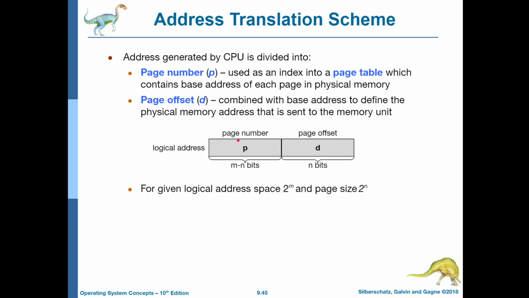So I can divide my logical address space into 1 million separate pages with their particular page offset, 4K, and then use a million different frames to keep my data within physical memory. So again, for a given logical space, we have the full logical address, 2 to the power of m, in our case 32 bits, and a page size of 2 to the power of n, or 12 bits, or 4K.